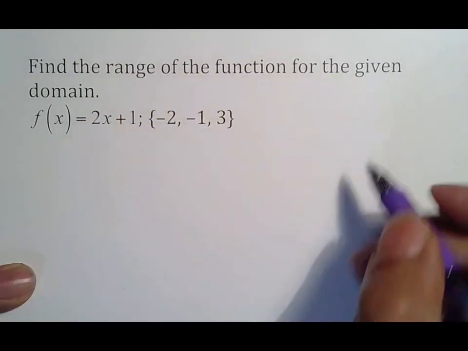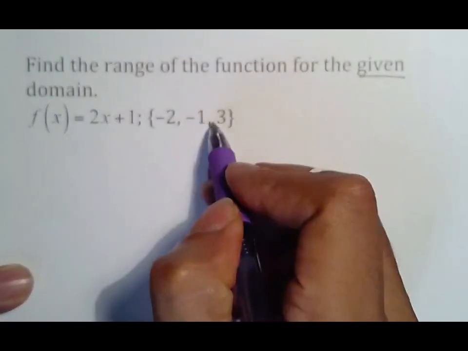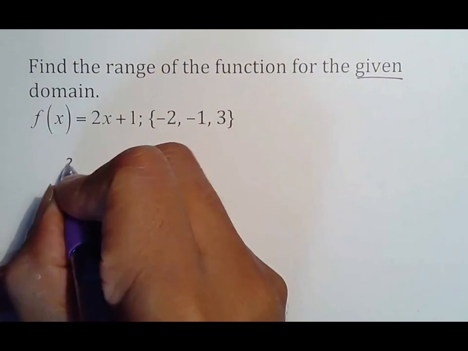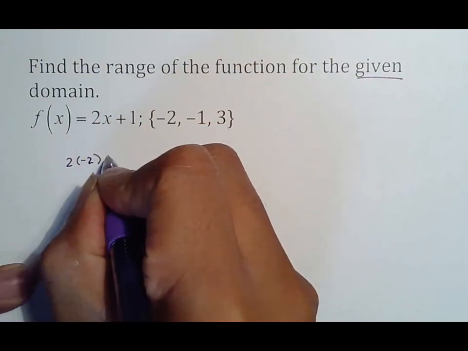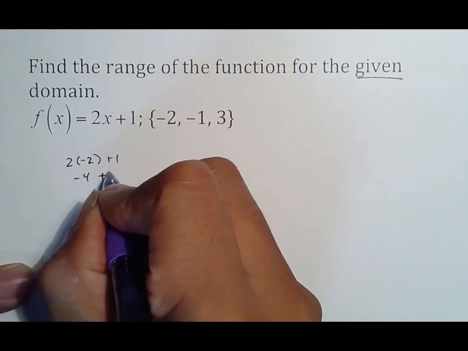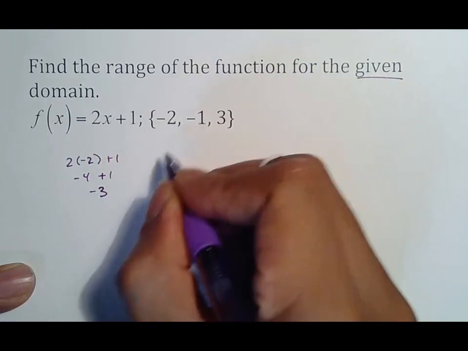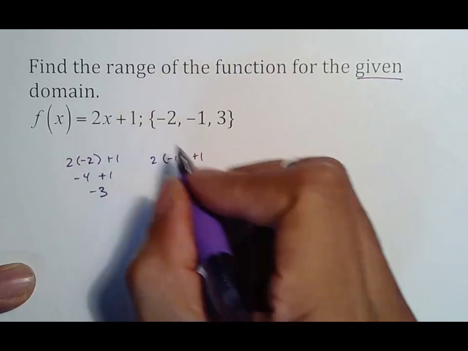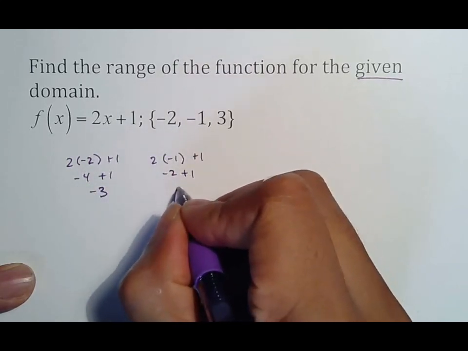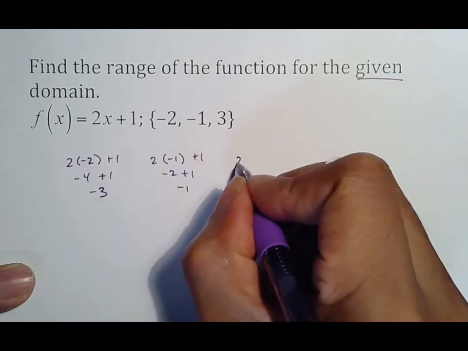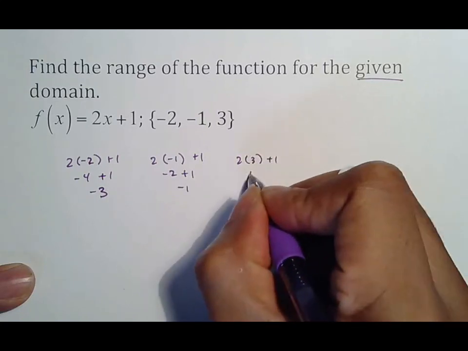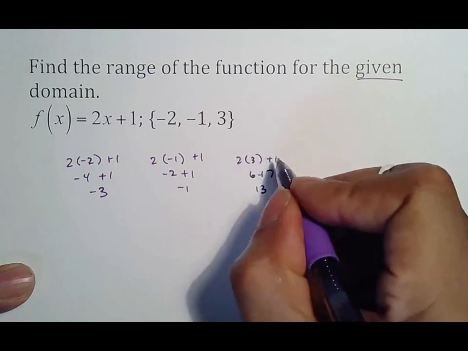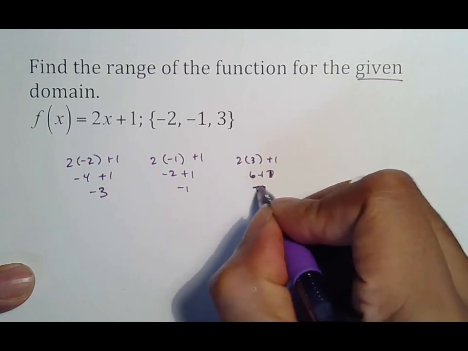Find the range for the given domain. In other words, we are giving you the x values. What are the y values? So what you do is you take the x values, 2 parentheses negative 2 plus 1, and work that out. Then you take your negative 1, again to this equation here. Then you take your 1, so it should be 7.